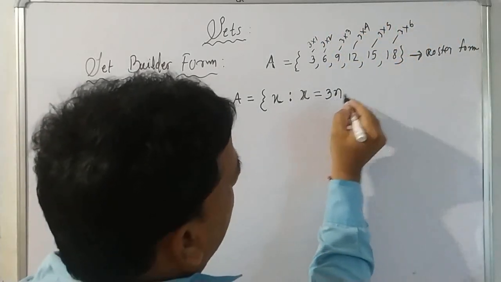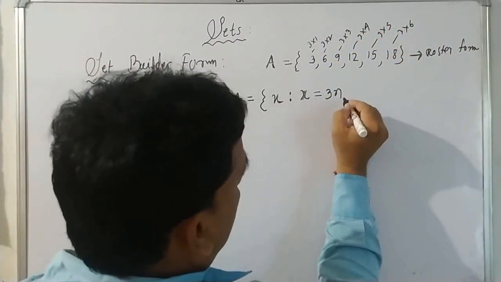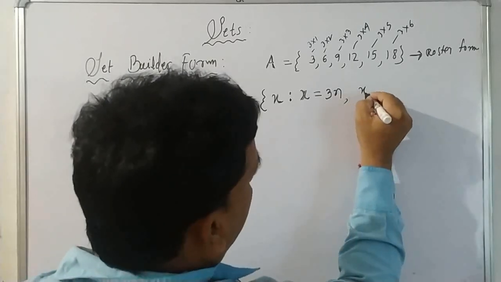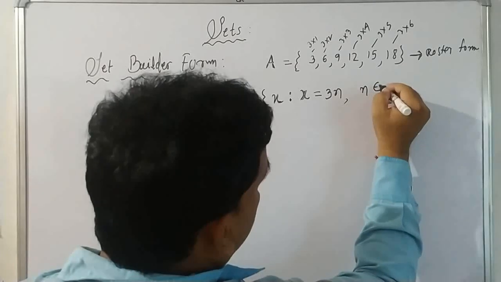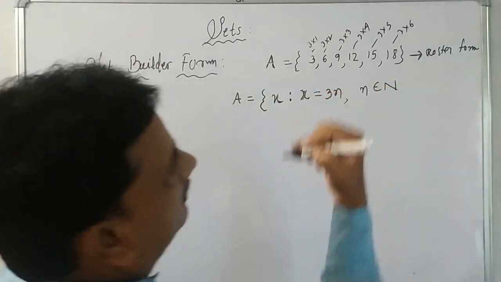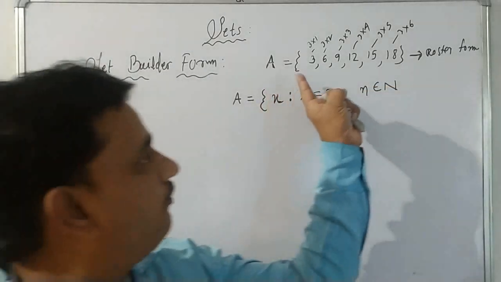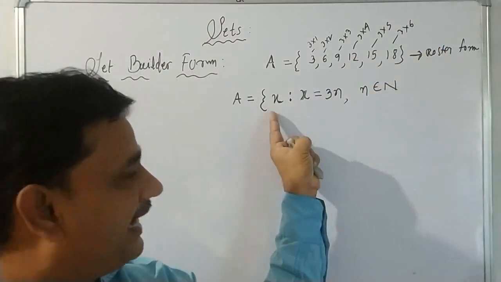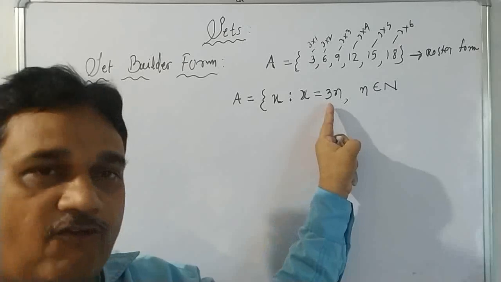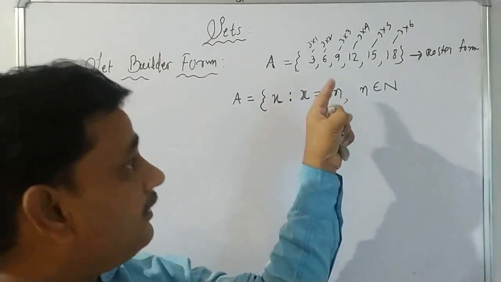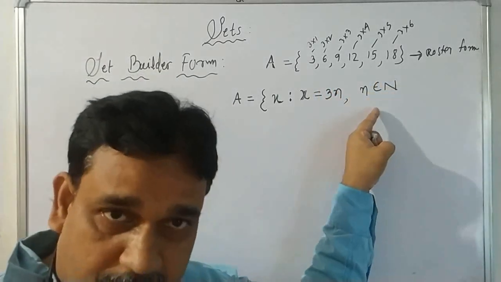So what is n here? Again you have this way: x is equal to 3n, n belongs to N, natural numbers. Okay. So for all the elements you have taken x. Then what is x? x is in the form of 3n. What is n? n is a natural number.